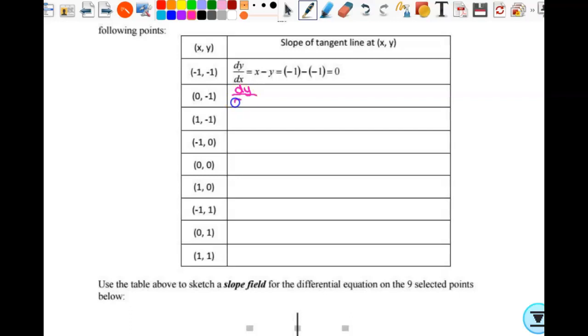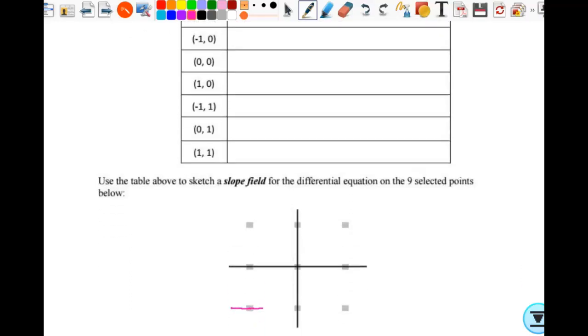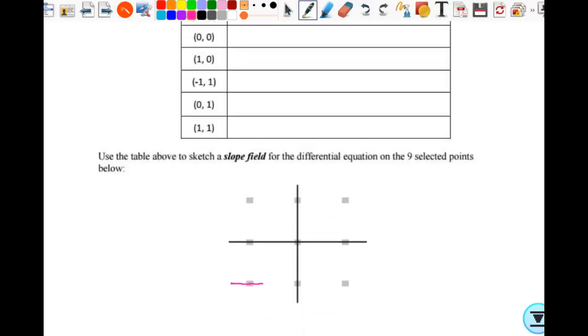Why is this shaking? It says take the x-coordinate, subtract the y-coordinate. So 0, take away -1. What does that give us? 1. All right, so let's go find this point. 0, -1.